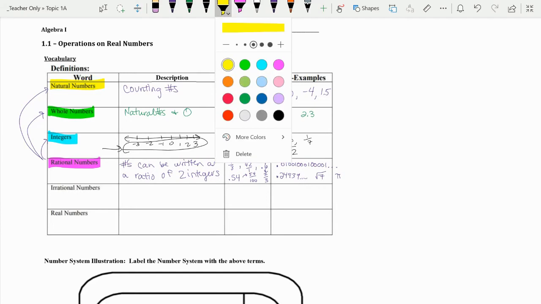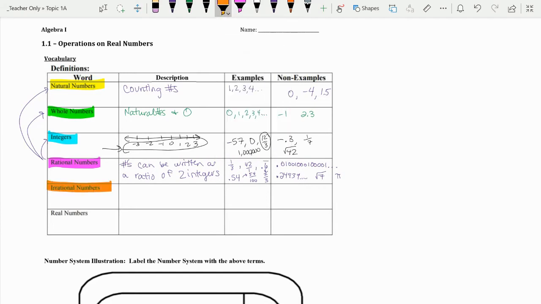So then you're asking, well, what's the next step? And then that would be irrational. So irrational numbers are numbers that cannot be written as a ratio of two integers.